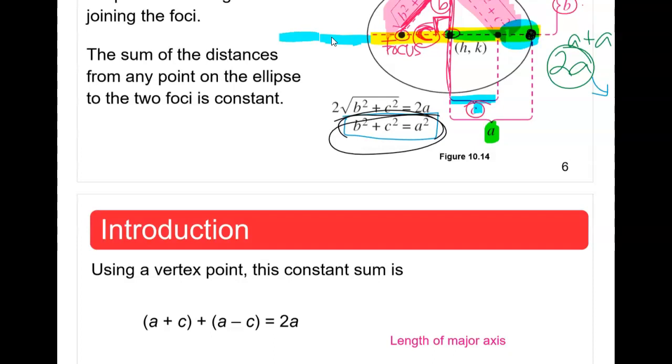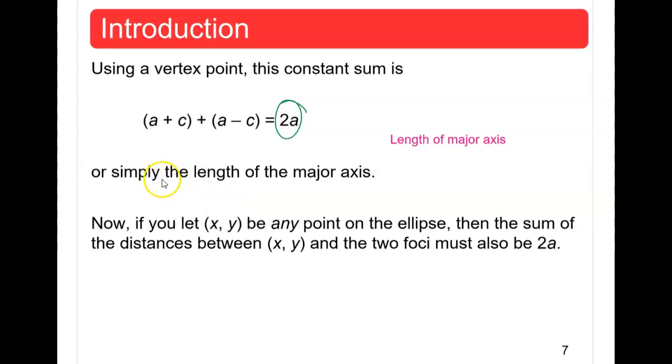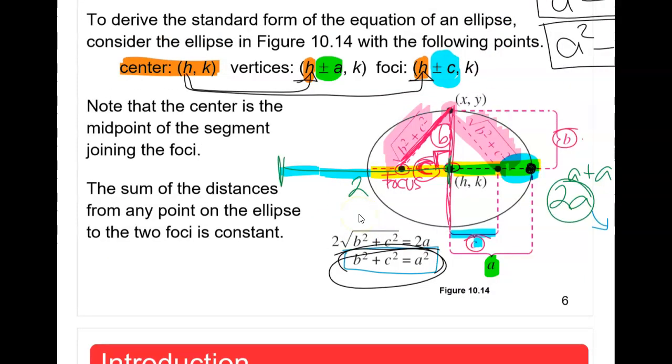So we can add it here. So that length from there to here is actually considered to be 2A, or simply the length of the major axis, because remember, if we go from here to here as well, we will have 2A.